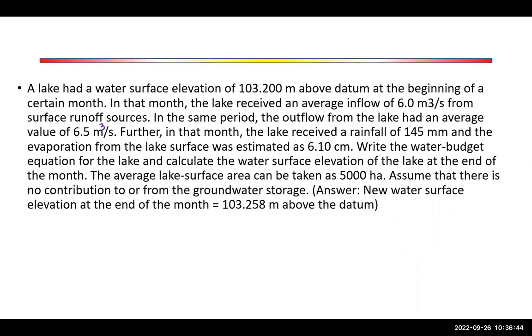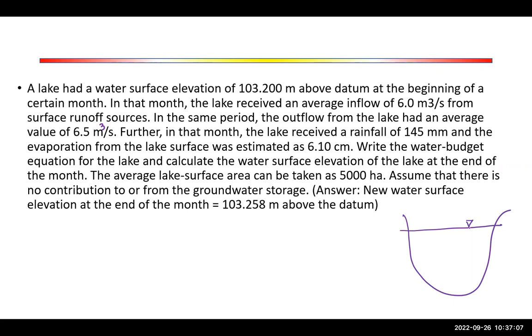But what they are asking you to do, you have a lake with 5,000 hectares of area. There is some input, there is some output, and the difference between input and output is what? Storage, right? So you have a lake. Suppose this is the lake, okay?